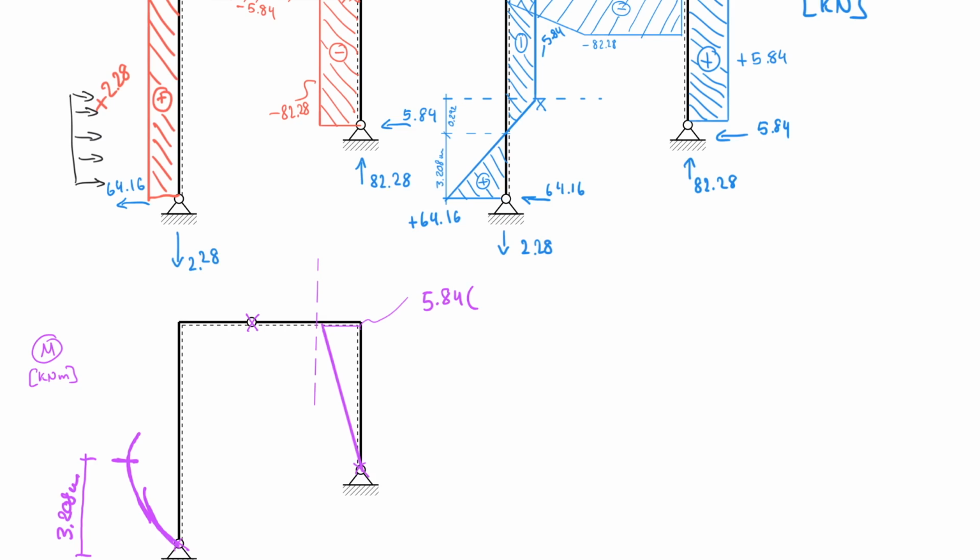Or is it 4.5? It's 4.5. So 4.5 meters. Right? And so the value at that corner is actually negative, by the way. And so that is negative 26.29.